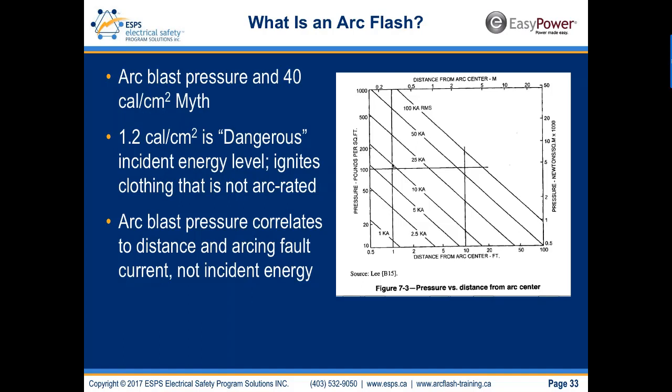When you do incident energy analysis, arc-rated clothing is specified by its arc thermal performance value. This has been a misunderstanding, and I'm using today's webinar to provide a little bit of education. Hopefully the mindset you should have is learning more and growing in your understanding of arcing faults and arc flash. In this case, this is my opinion about arc blast pressure.